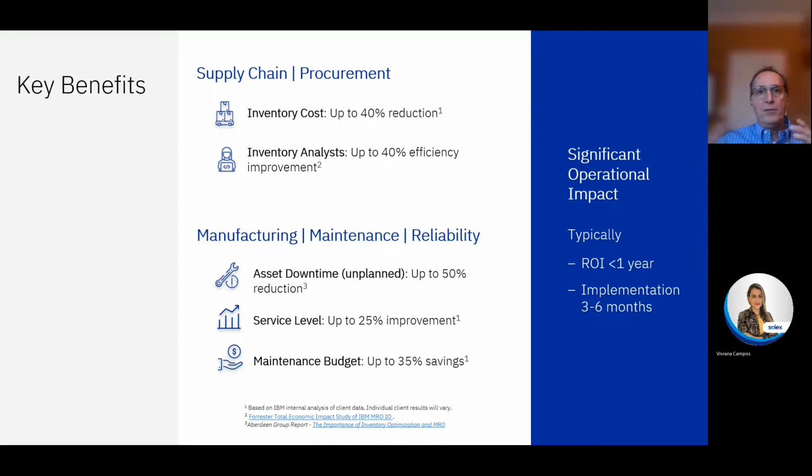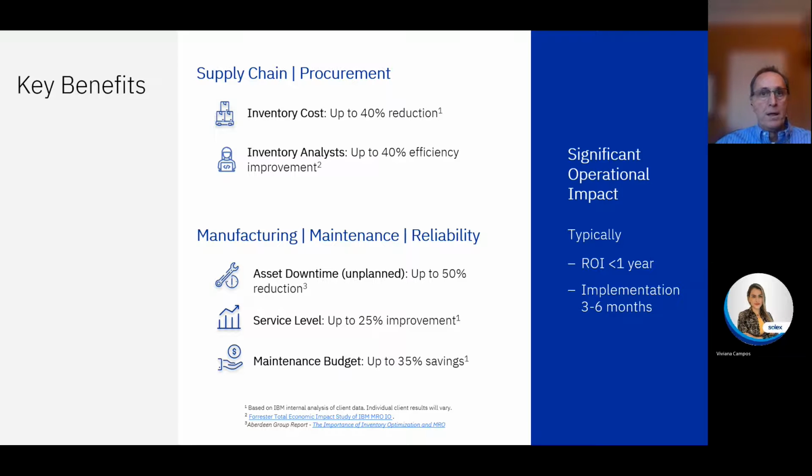You think about it, if we combine purchase orders and optimize your economic order quantity, we can make your people more efficient. We can reduce asset downtime. Think about overall equipment effectiveness. We can help impact overall equipment effectiveness by having the right part at the right time. And we've seen downtime reduce up to 50%.